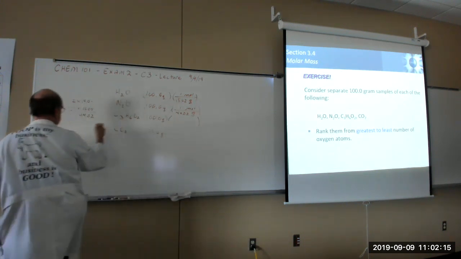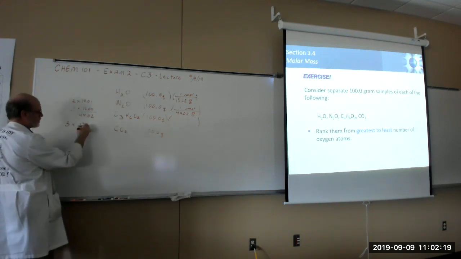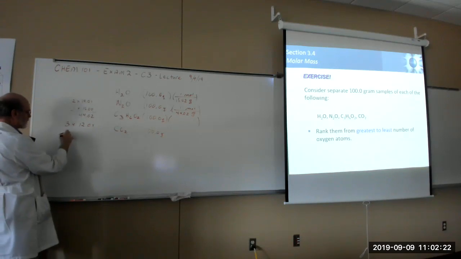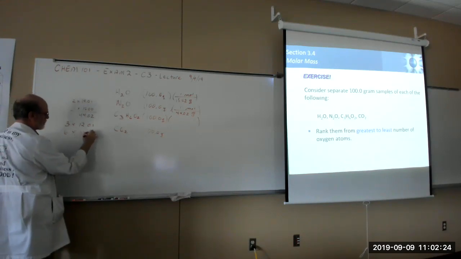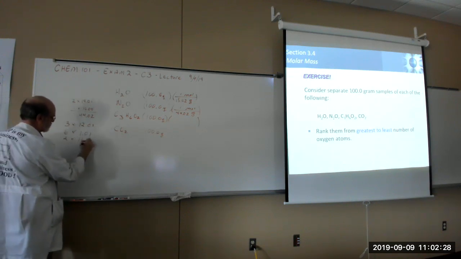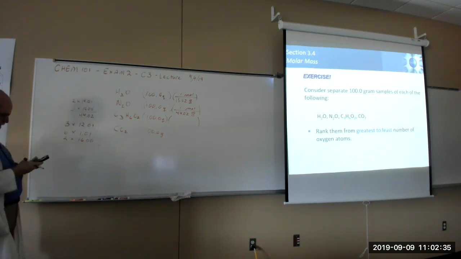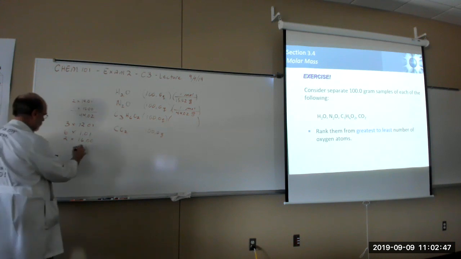How about this one? We need 3 times carbon, 6 times hydrogen, excuse me, and then 2 times oxygen. So that's 36.03 on top, and then 6.06 plus 32. That's 74.09.